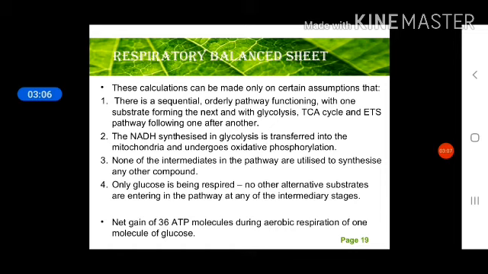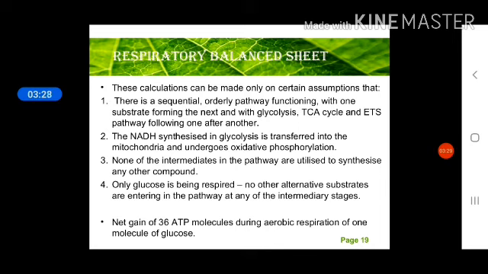So it is not easy to run the whole reaction in a sequential manner practically in a living system. But to calculate the respiratory balance sheet, this should be assumed, so it is theoretically possible.